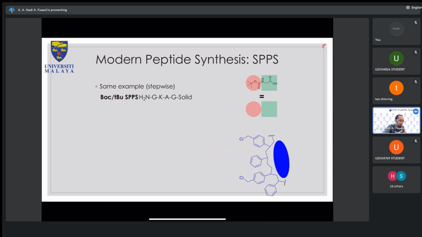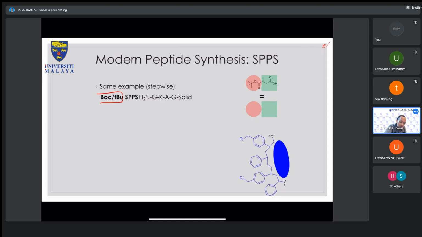The first one, we will look at these orthogonal chemistries in the next few slides. But say, for example, you want to synthesize Boc, tBu SPPS having the same sequence, GKAG, on a solid support.